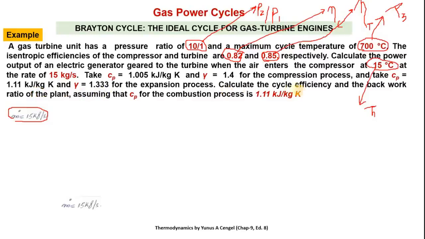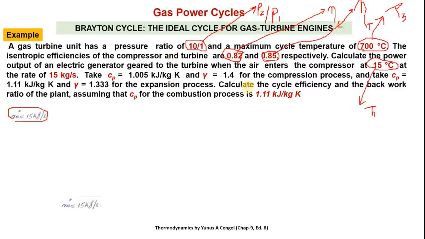Now we need to calculate the cycle efficiency and the back work ratio of this plant, assuming Cp for the combustion process. During the combustion process, where temperature is increasing, the Cp value during the heating process can be taken as 1.11 kilojoules per kilogram per Kelvin.